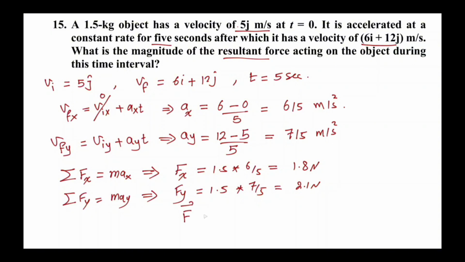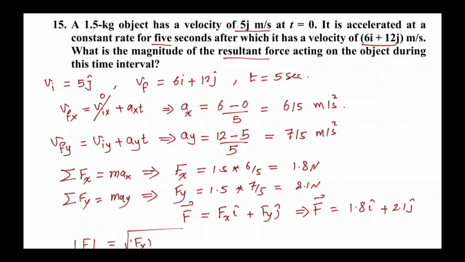F as a vector equal to Fx i plus Fy j, or F equal to 1.8 i hat plus 2.1 j hat. The magnitude of F is equal to the square root of Fx squared plus Fy squared. You calculate this one here, you will find the magnitude of F equal to 2.8 newtons.